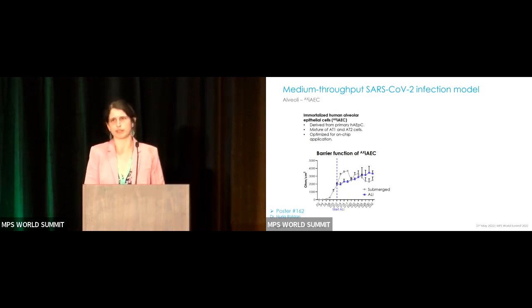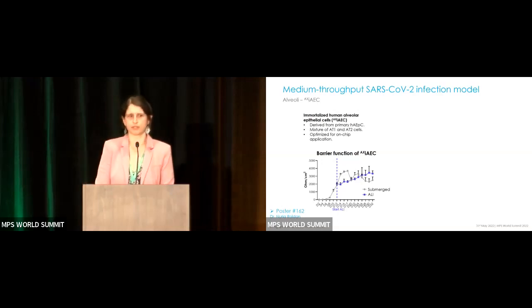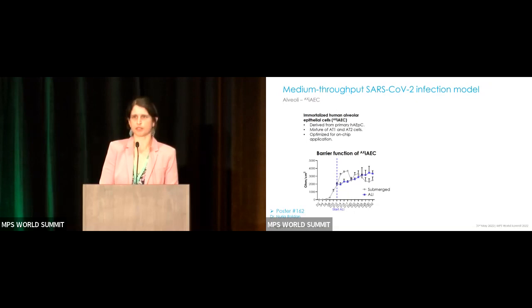We have also optimized them for on-chip application. As you can see, they maintain a high barrier function over extended culture in submerged and air-liquid interface culture. I will not go into more detail on characterization, but my colleague has a poster as well if you are interested to pass by.